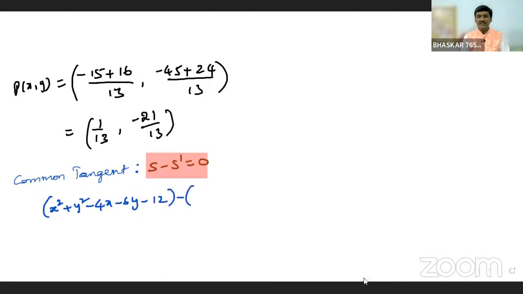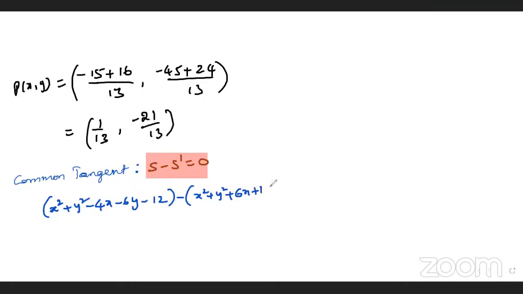What is S dash? x square plus y square plus 6x plus 18y plus 26 is equal to 0. Yes, good.